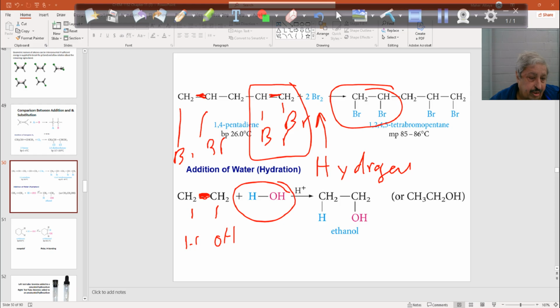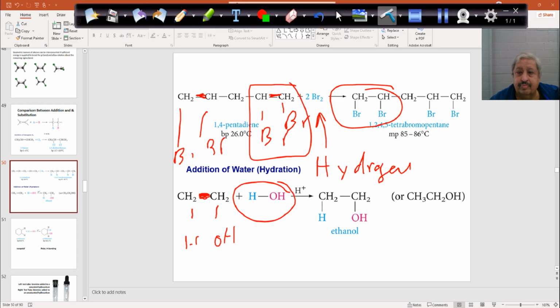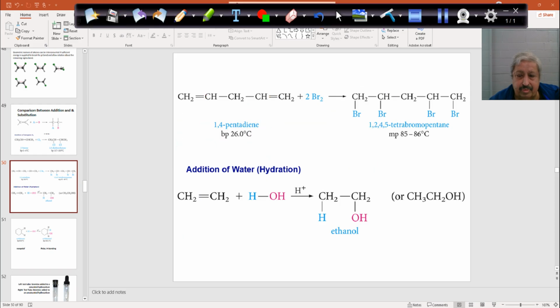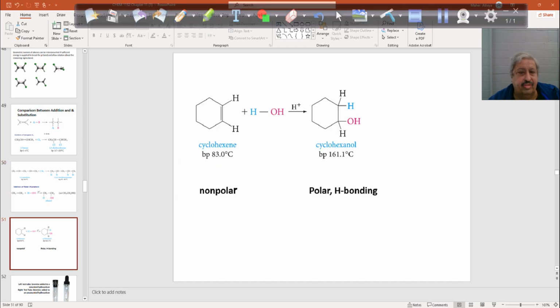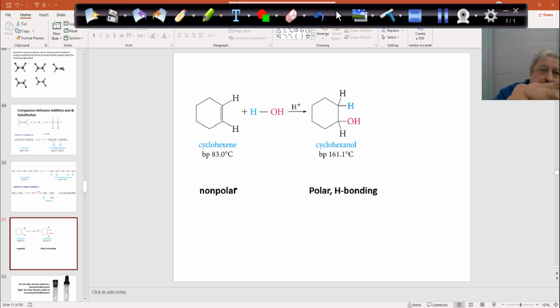Now, this is an example. This is another example here. You open up a double bond, again, the same way we did, and you add your OH, H. So one carbon will have the OH, the other carbon will have the H. Correct? So now, as you can see, you have OH.